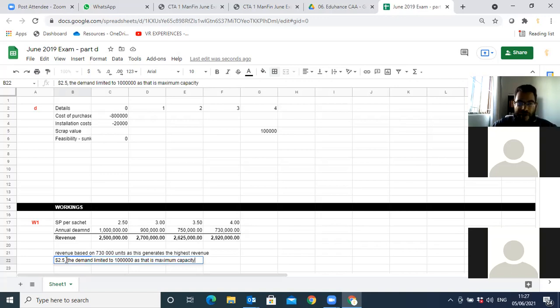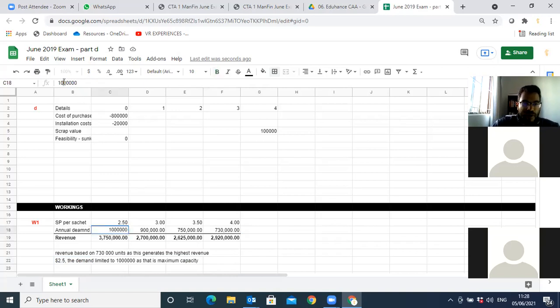So we can't use 1.5 million. Okay, so remember, let me just change this. If I change that to 1.5 million, you can see it generates the highest revenue. But what's the problem? We won't be able to generate 3.7 million revenue, because we can't produce 1.5 million. We can only produce 1 million.